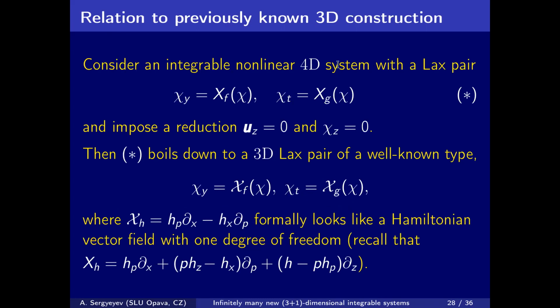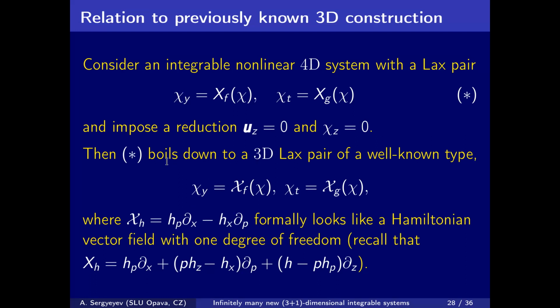Let me point out another important fact. Again, consider the Lax pair of the class we are interested in, this one. If we impose a reduction and assume that both U and chi do not depend on Z, then the Lax pair star boils down to a Lax pair producing integrable systems in 3 rather than 4 independent variables.